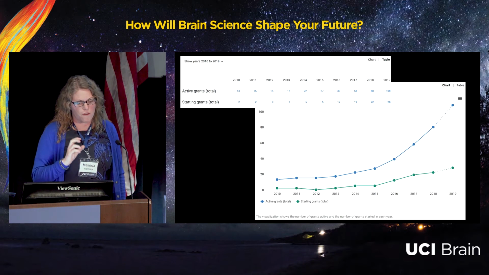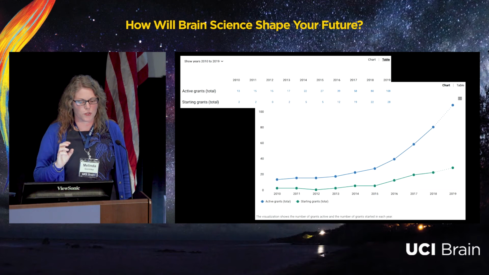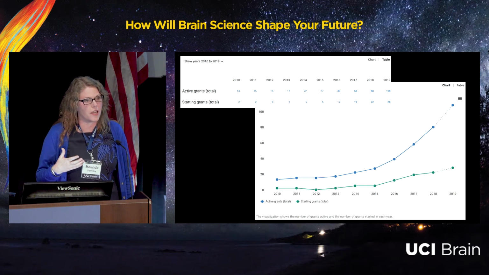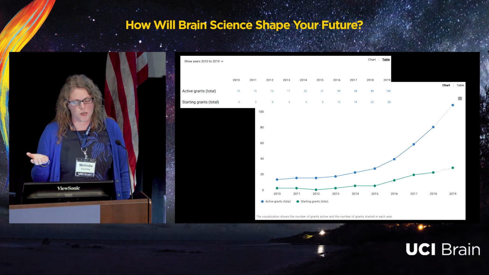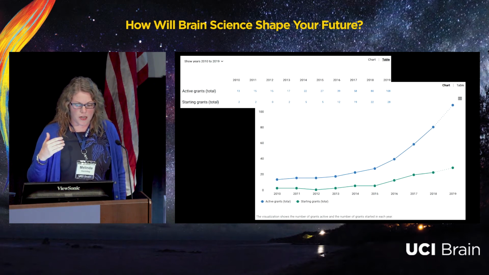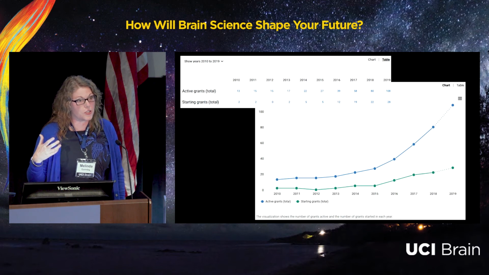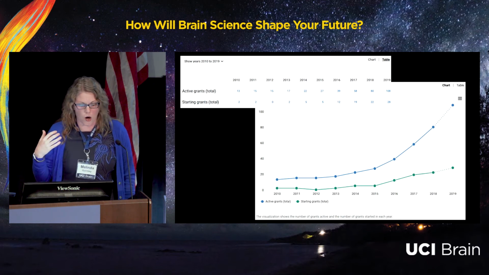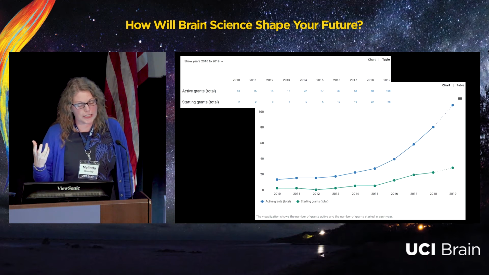So of course you don't have many grants started in 2010 or 11 or 12 or 13 that are still ongoing today, because something like an R21 would have already completed if it started back then. But it also gives me an understanding of how many grants have started in the last couple of years, how many active grants in neurosciences at UCI there currently are.